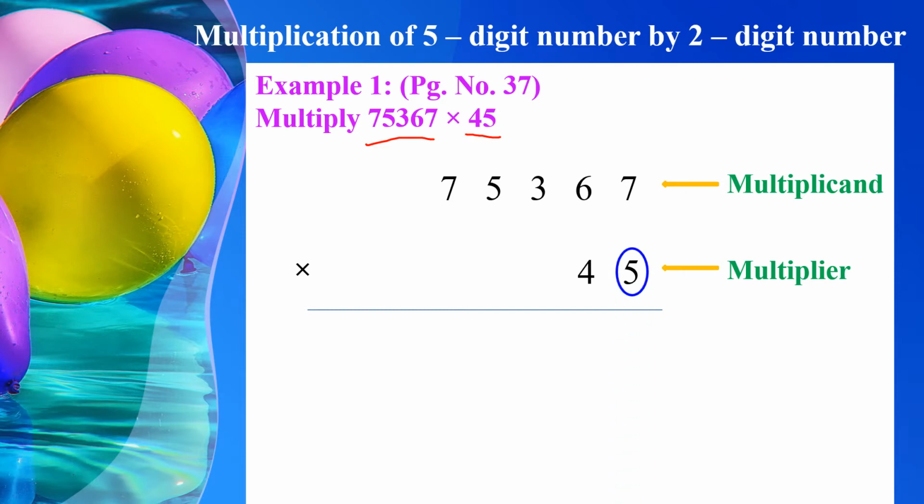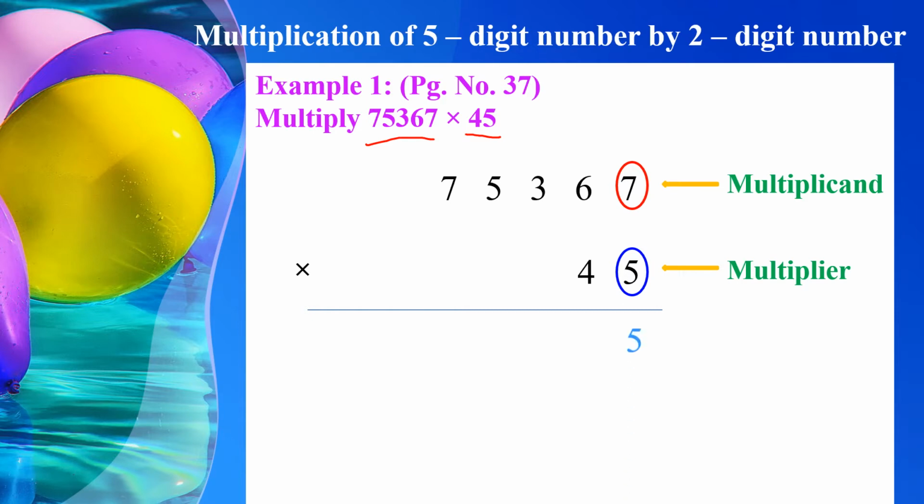Now, let us take the ones digit in the multiplier and multiply with each digit of the multiplicand. In our example, we need to multiply 5 with each digit of the multiplicand. That is 7 into 5, which is 35.